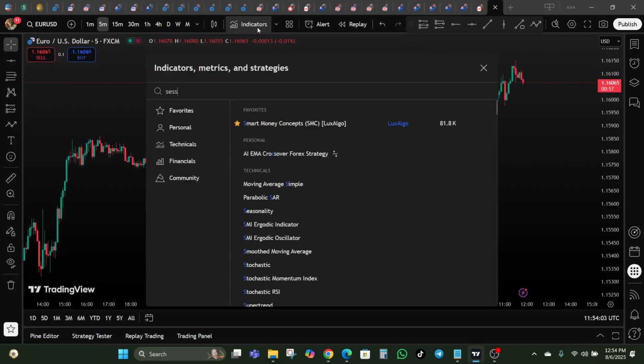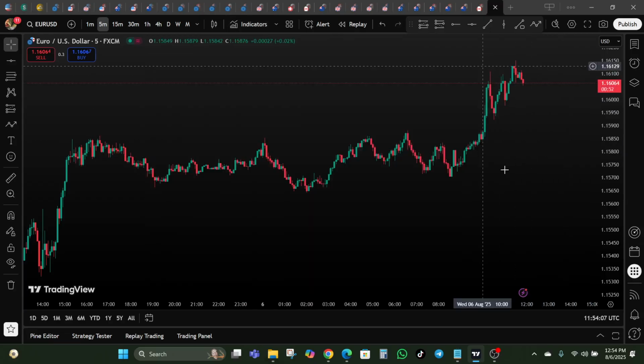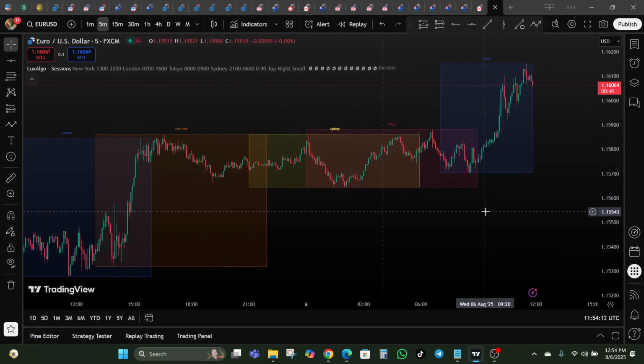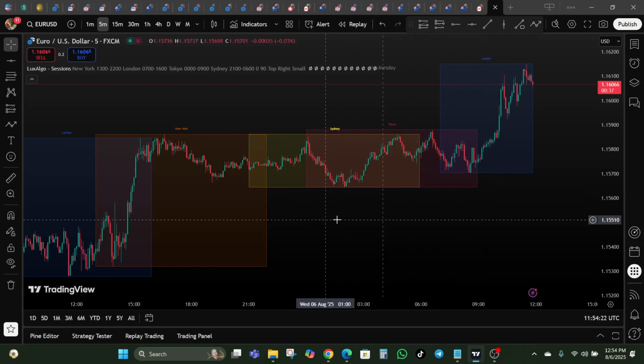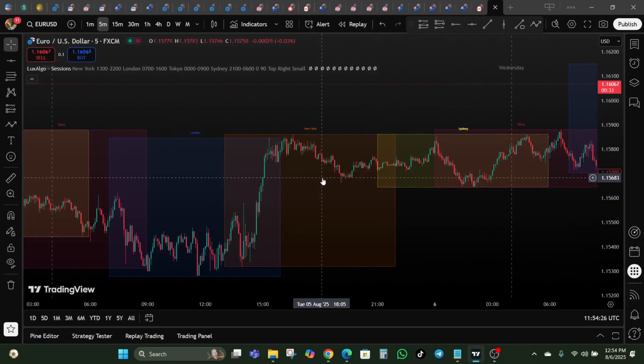Let's add on a session indicator, just for you to get exactly what I am talking about. Usually this strategy is used for sessions that have high volume, which are the London and the New York.